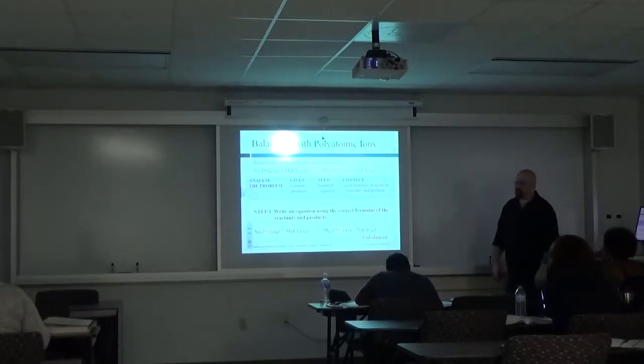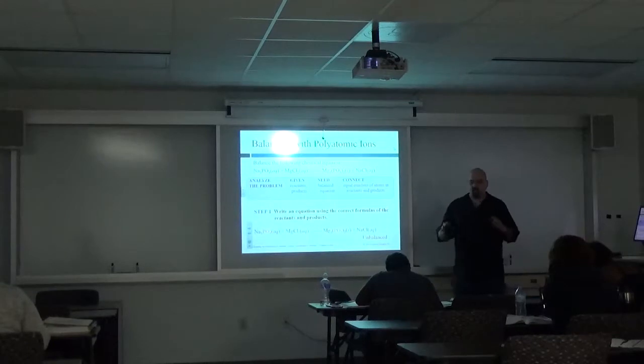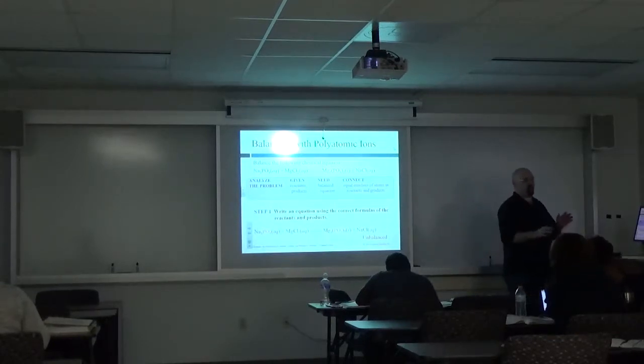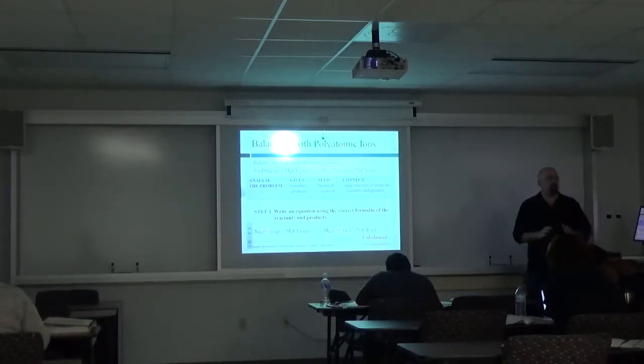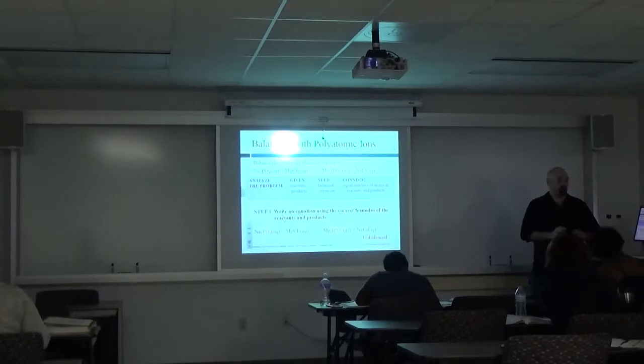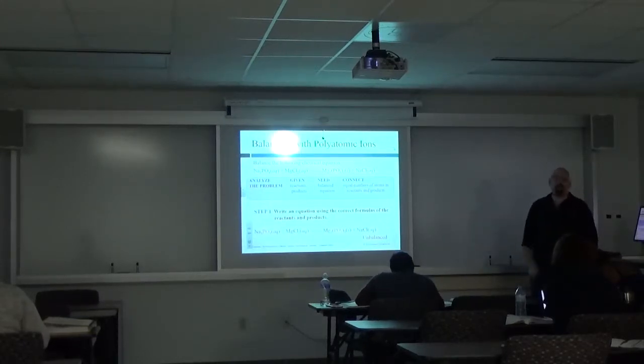First off, here's something to look at. We can make this easier on ourselves by defining our units. So yes, we have a lot of atoms here, right? But does that phosphate in sodium phosphate change from our reactants to our products? No, it's still PO4, right?